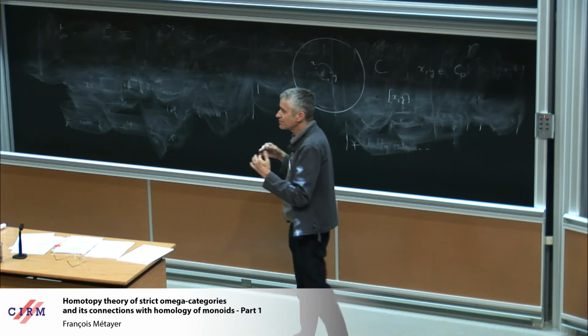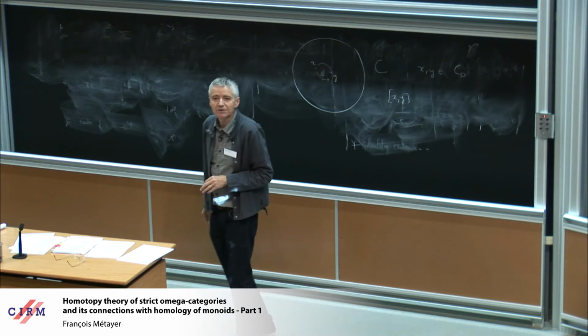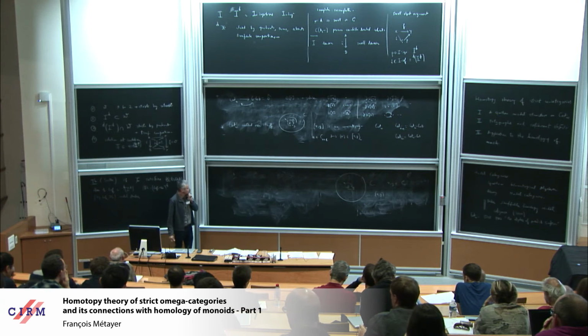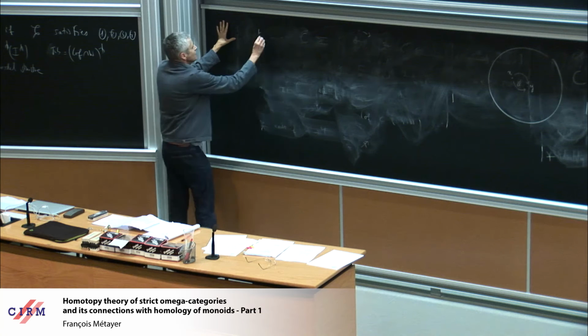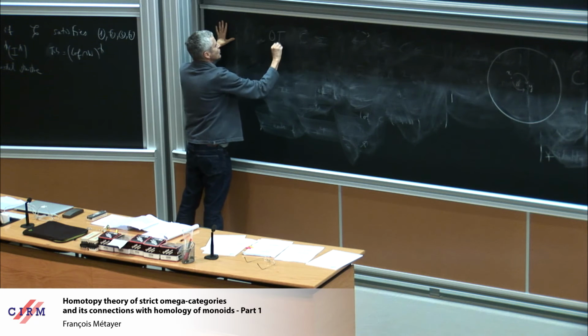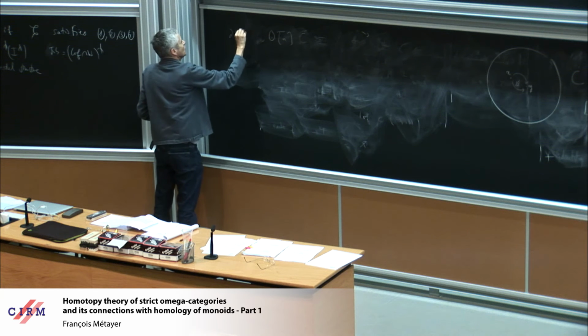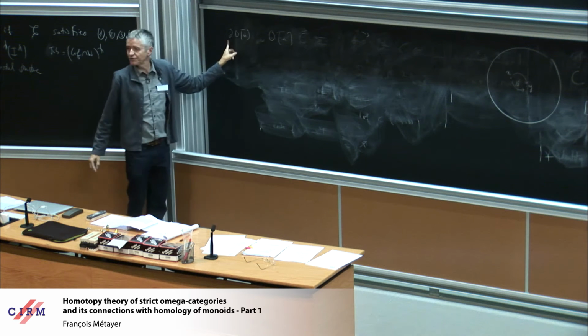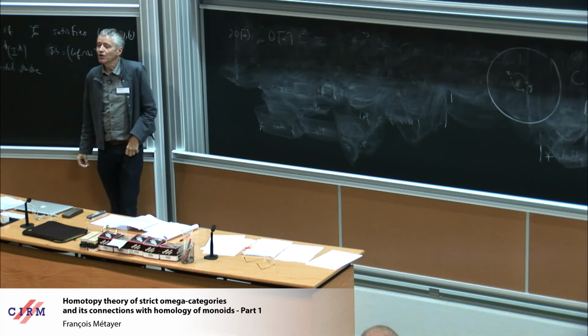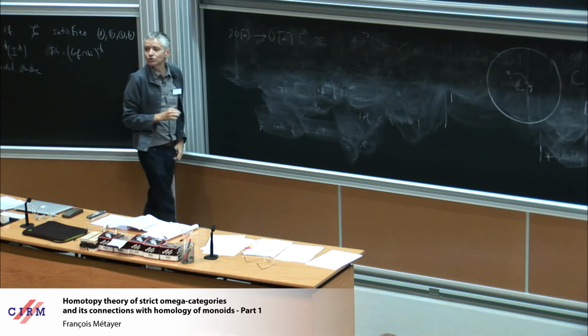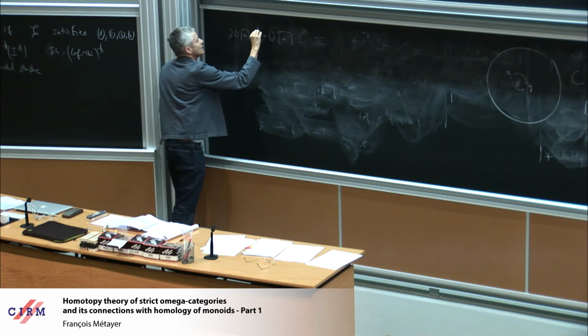Okay, so let's describe now the model structure I want to present. So I told you about the n-sphere and the n-globe, and of course there's a canonical inclusion here, I_n.